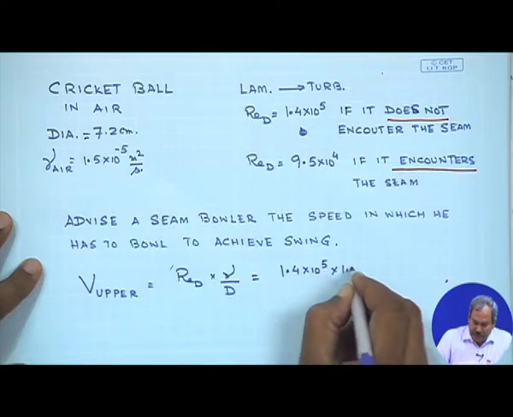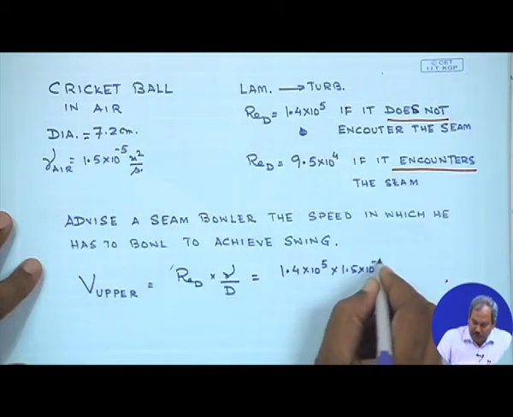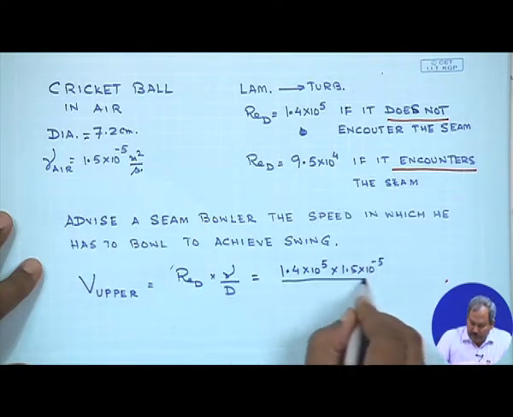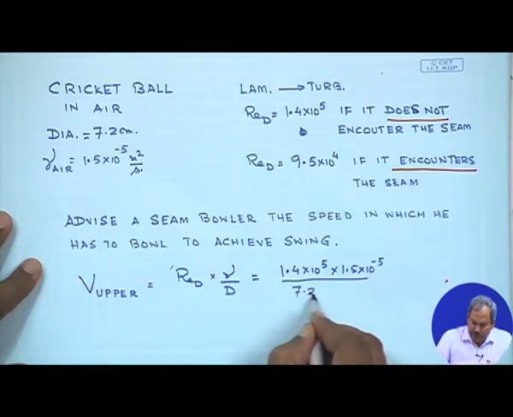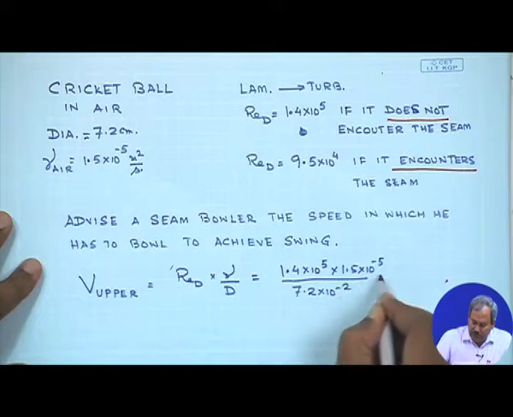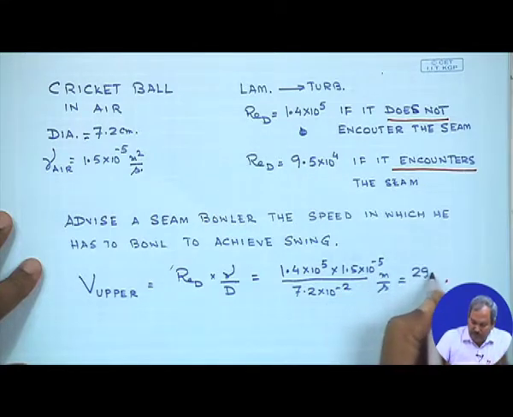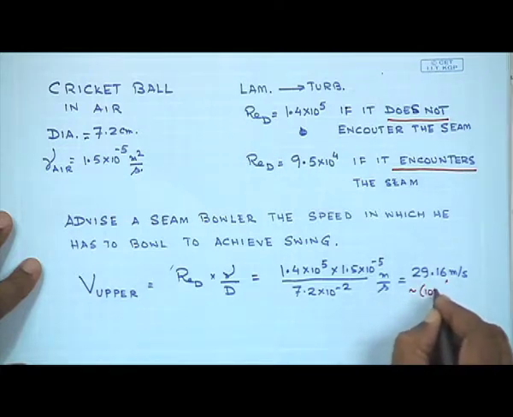The kinematic viscosity is 1.5 into 10 to the power minus 5, and the diameter of it is 7.2 into 10 to the power minus 2 meter. So, this would be equal to 29.16 meter per second, which is roughly about 105 kilometer per hour.